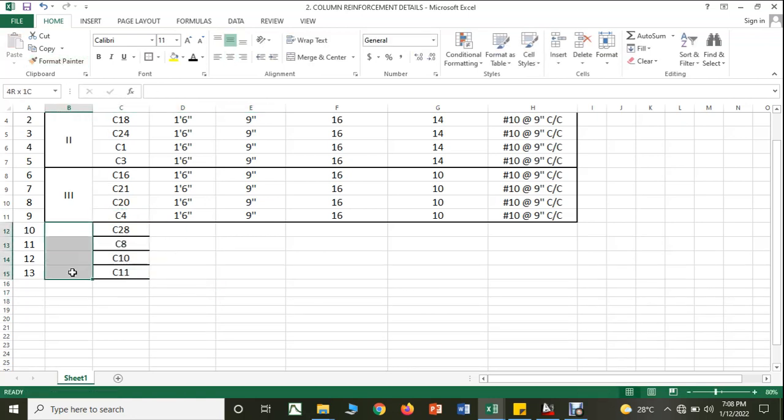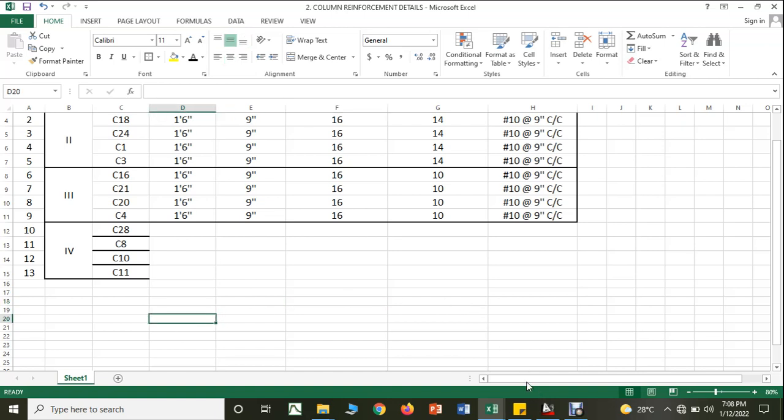Yes, and this will be group 4. This is the fourth group of column, right?